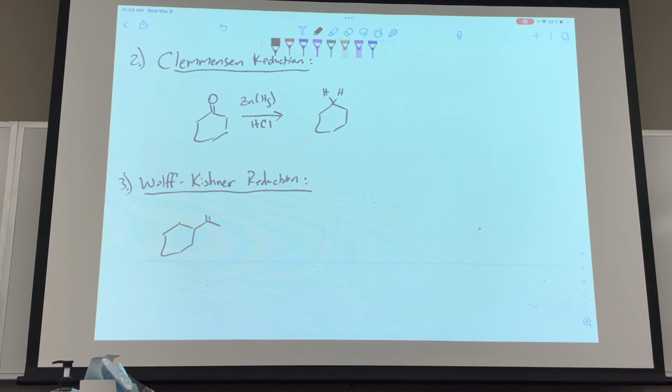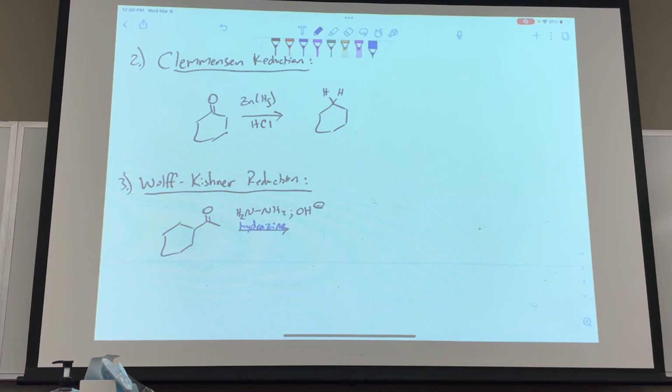Kind of an odd set of reagents, but it combines this amine type structure. By the way, that diamine is called hydrazine.